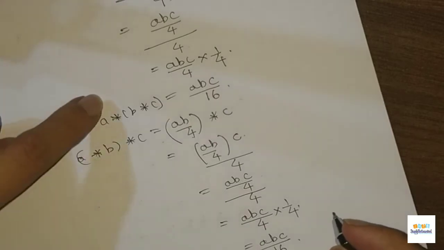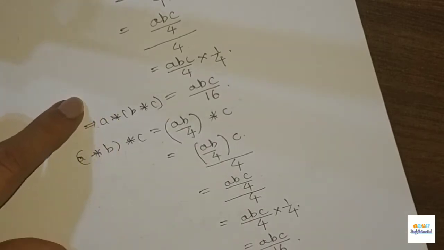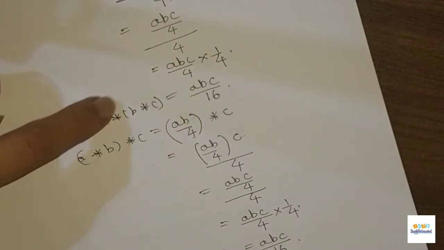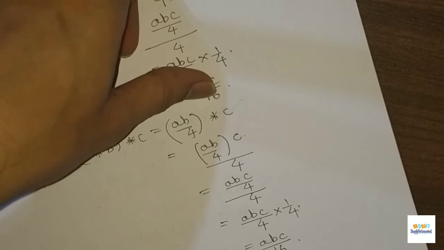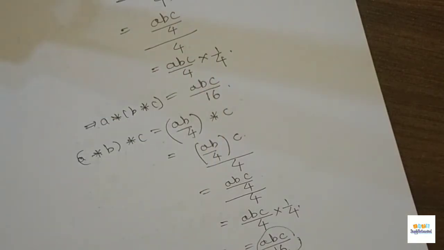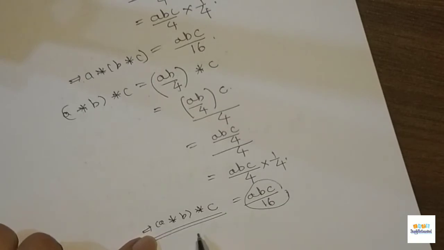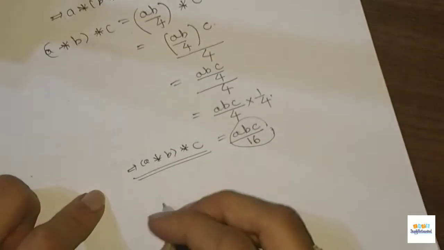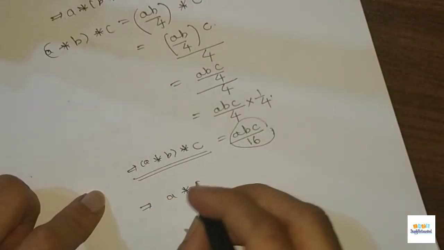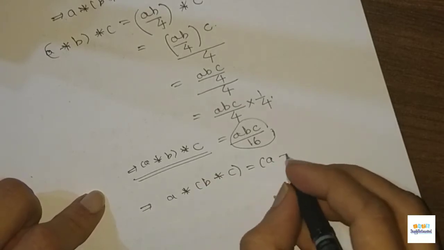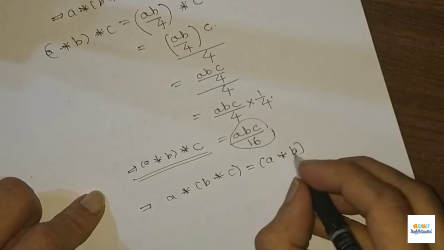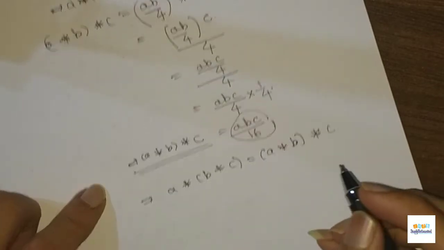So a star bracket b star c is equal to abc by 16, which is equal to this, because this is also equal to abc by 16. So both these are equal: a star bracket b star c is equal to bracket a star b bracket closed star c.